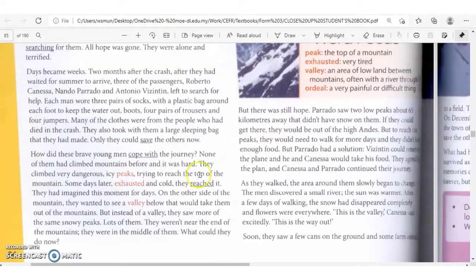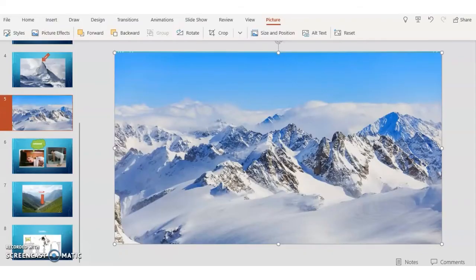And then what is this next paragraph about? It is about how they cope with the journey. They have gone through some challenges and they're exhausted, but they reach it. They had imagined this moment for days on the other side of the mountain. That means they are going to reach the other side of the mountain. Let me show you a picture.